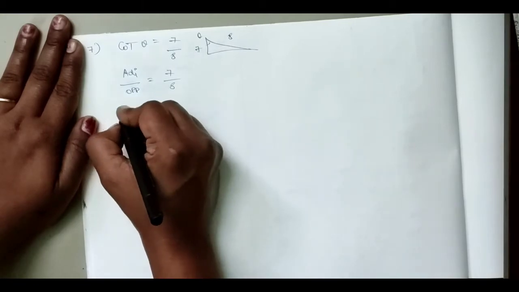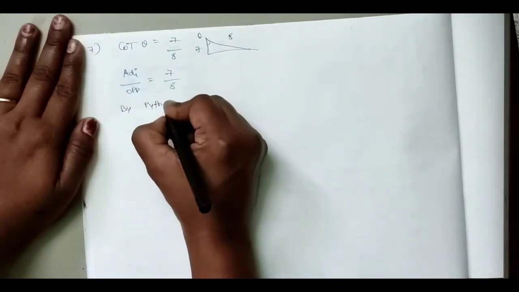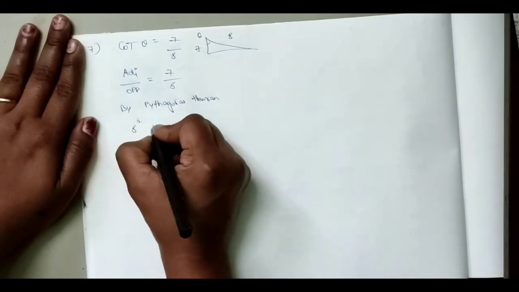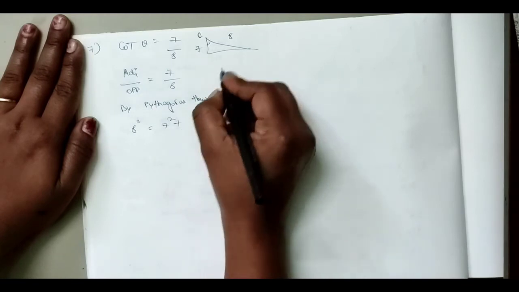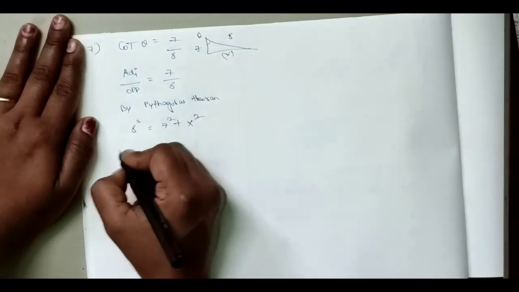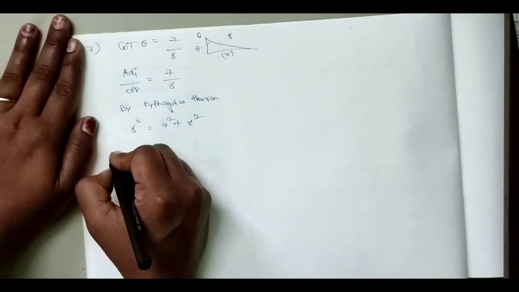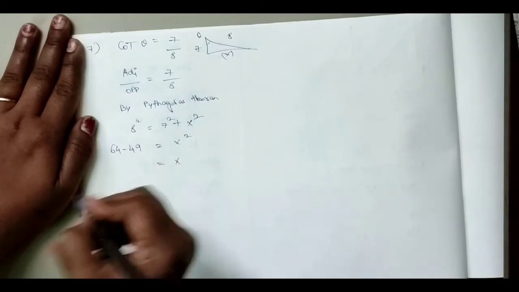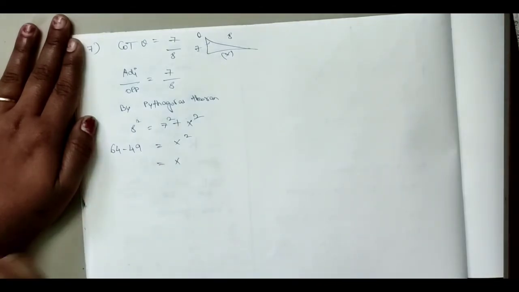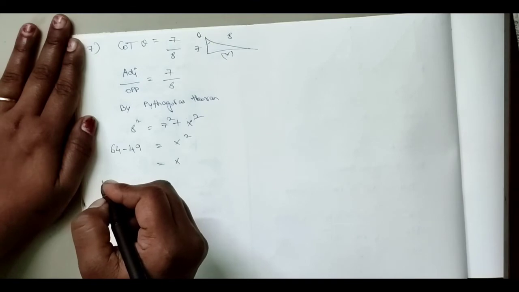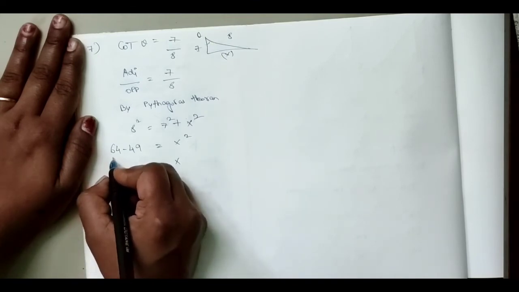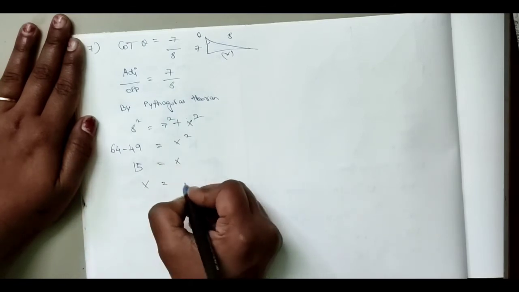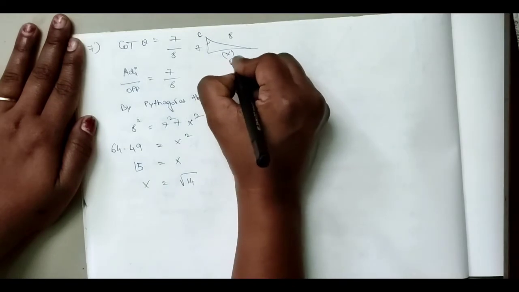If this has to be 8 and this has to be 7, by Pythagoras theorem, 8 squared is going to be 7 squared plus, let's assume this to be x squared. So this is going to be root 15.